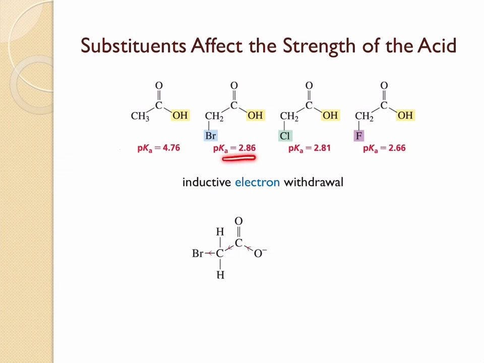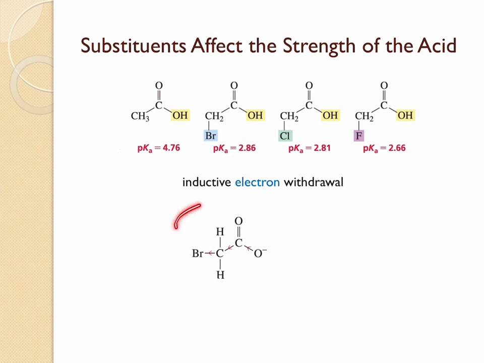If this is a stronger acid compared to acetic acid, then this conjugate base should be a weak base, or a stable base. Now, what is making this base a weak base? Because of the electronegativity of bromine, these electrons which were once concentrated on oxygen are now going to travel through the sigma bond and reach this electronegative atom.